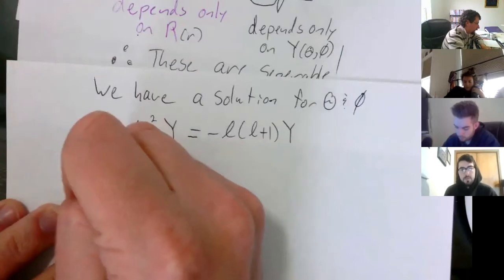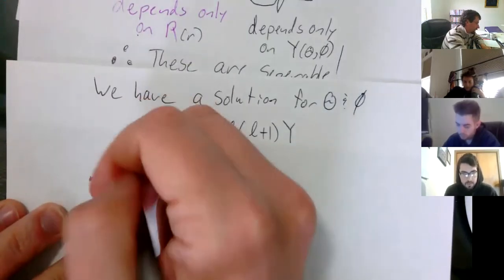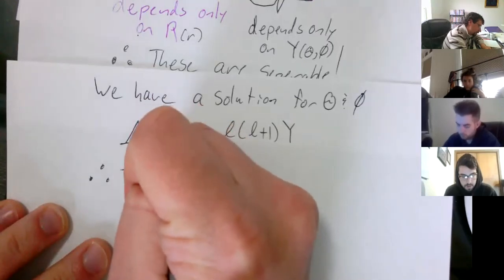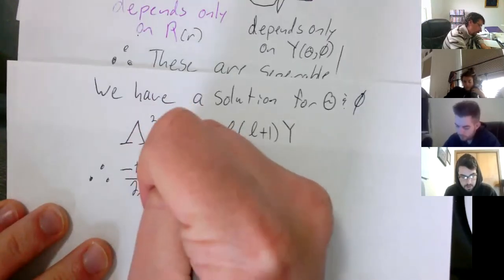Therefore, if we're looking at this portion, 2 mu, we got Y down here.